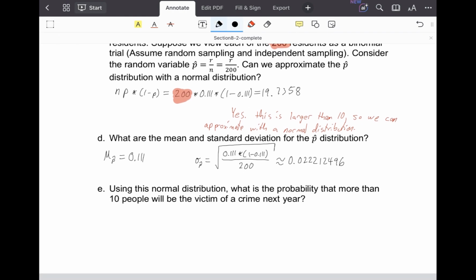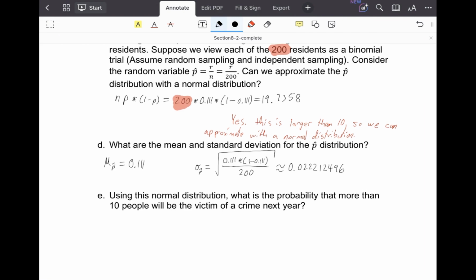Okay, now it says using this normal distribution, what's the probability that more than 10 people will be the victim of a crime next year? Now this is kind of the part where it gets really tricky because 10 is not a proportion. 10 is not from 0 to 1, so you have to be very careful. It's actually describing R, which is 10, over N, which is 200.